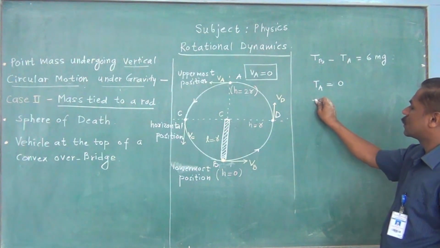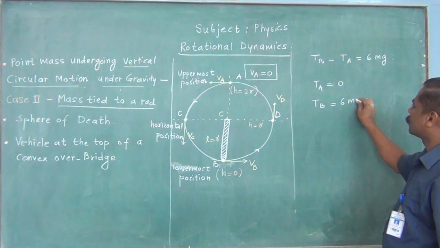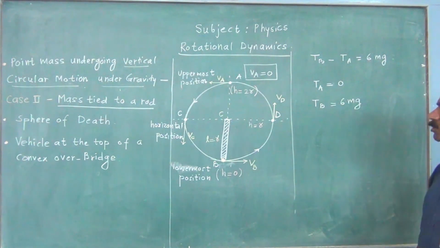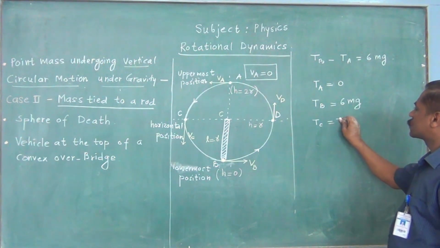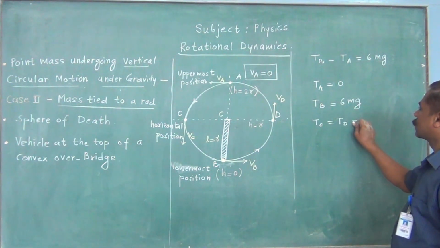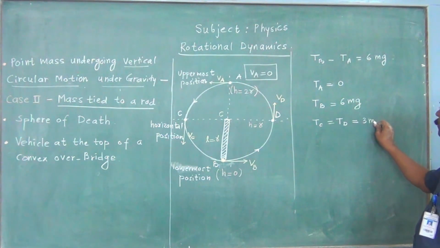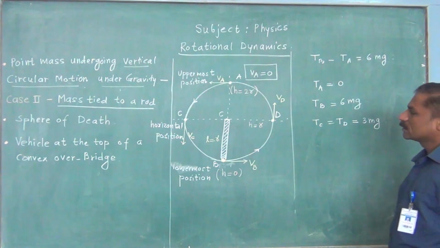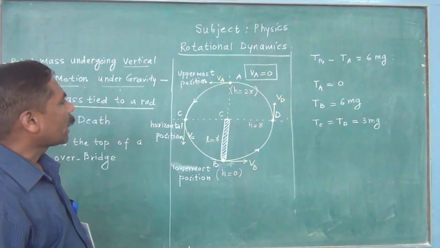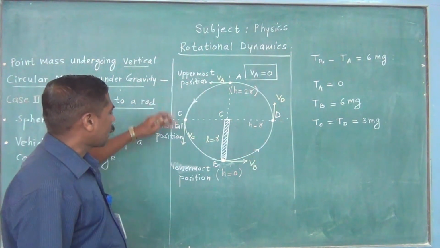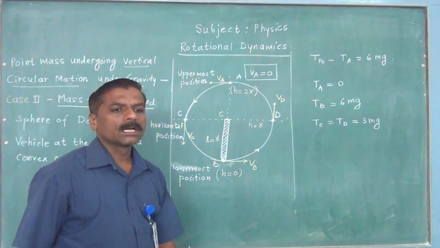So the tension at the lowermost position will become 6 times of mg, and the tension at C or D position will be considered as 3 times of mg. So you will find these are the tensions at 3 different positions: at the uppermost position, at the lowermost position, and at the horizontal position.